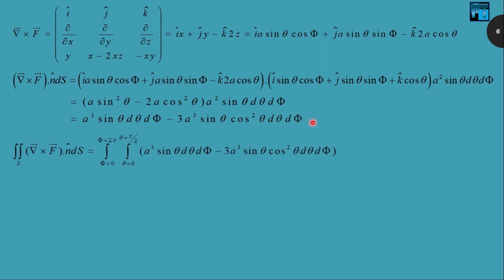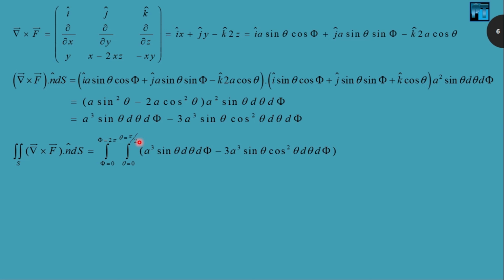Now the integration is as follows. You all know that the values of theta and phi are generally 0 to pi and 0 to 2 pi. But since this is a half sphere, a hemisphere, the value will be theta equals 0 to pi by 2 only. For the whole sphere, it is 0 to pi.